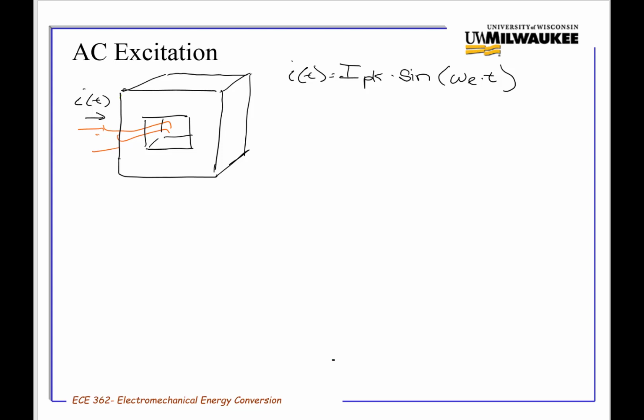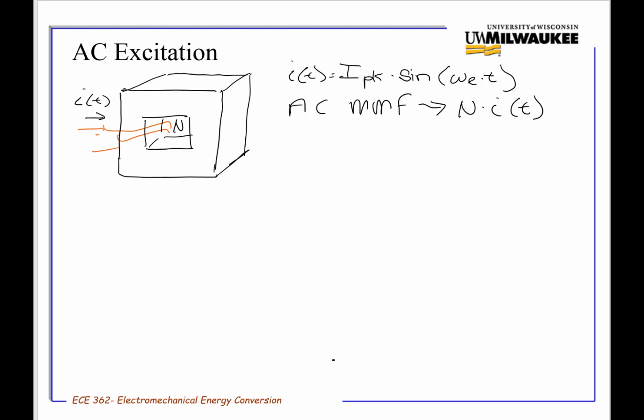I've got to move over to my notes so that I don't make any mistake in describing this. Okay, so we know that we're applying essentially an MMF to this core. There are so many turns, right? So what you really do have is an AC MMF, N times i(t).